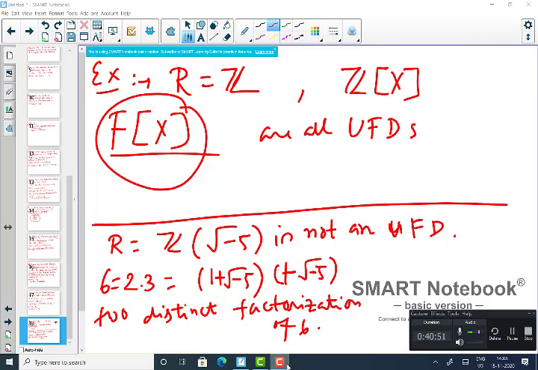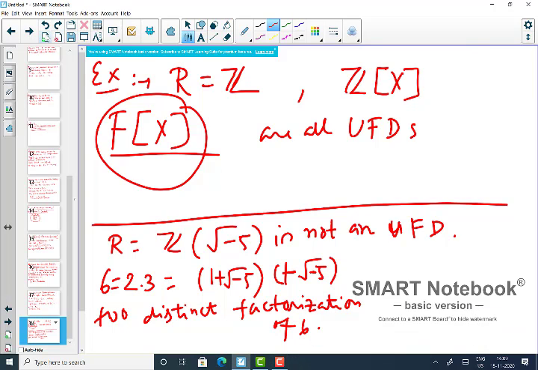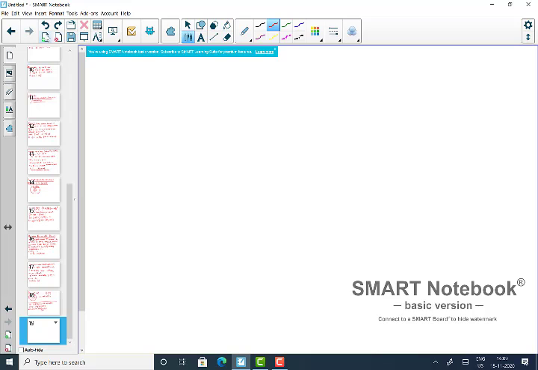Now the main important theorem here, which I am going to prove, is that in a unique factorization domain, the primes and irreducibles are the same. So let me prove the theorem first.